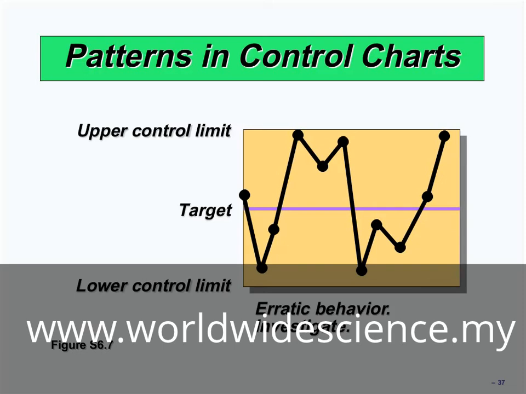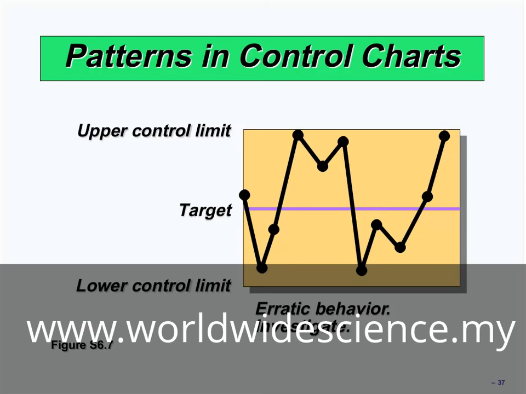So please let me repeat again. When you face charts where even one point is outside the area, you can tell the process is not under control.